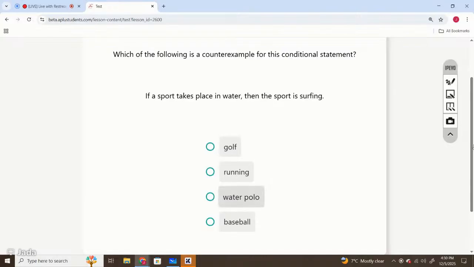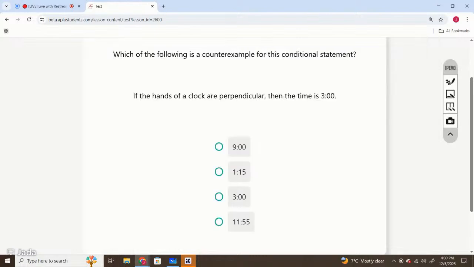Water polo, because the sport takes place in water, but the sport is not surfing. If the hands of the clock are perpendicular, then the time is 3.